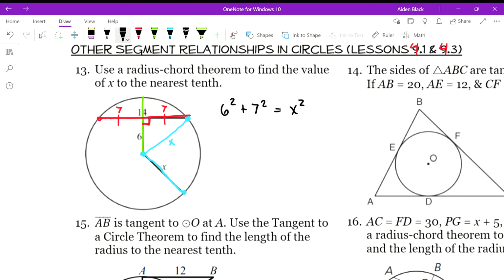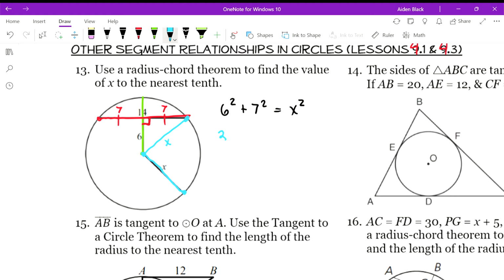Right, we know that the x value here, the radius, is the hypotenuse because it is opposite of the right angle. So in case you're ever like, which one's the hypotenuse, it's the one that's opposite of the right angle.